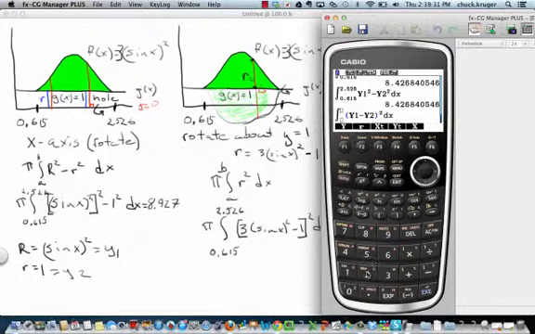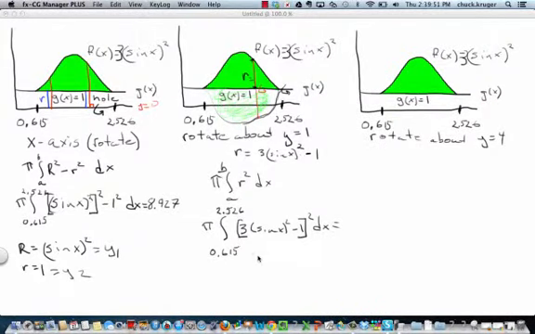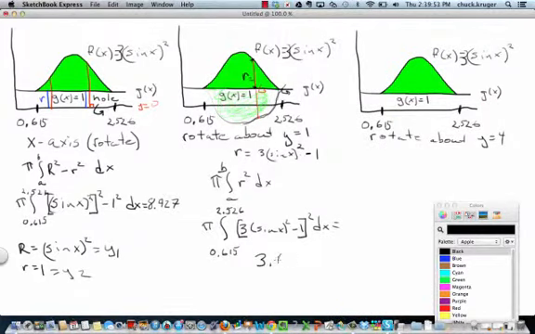And I'm going from, for an upper bound, 2.526, and a lower bound of 0.615. And now when I calculate that, I get 3.688. So I'm going to write that down. 3.688. Alrighty, so those are my values.